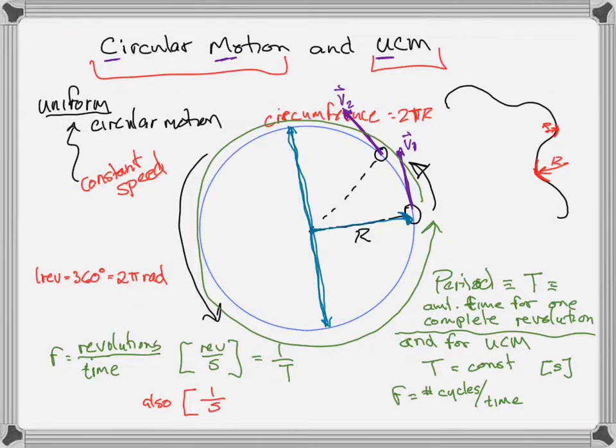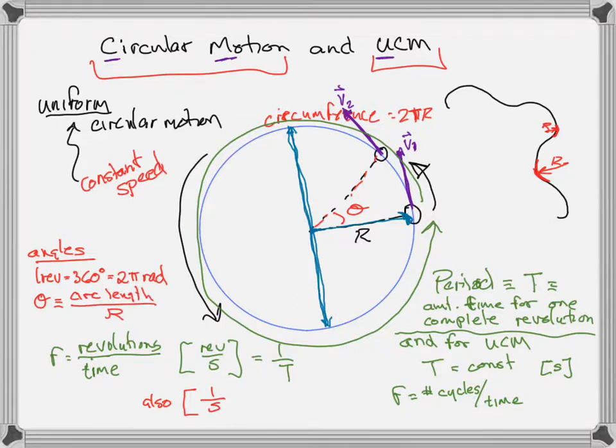An angle in general, an angle that you go through when you're going around in a circle or any kind of revolution, is defined as the arc length divided by radius. You might or might not remember this from math.